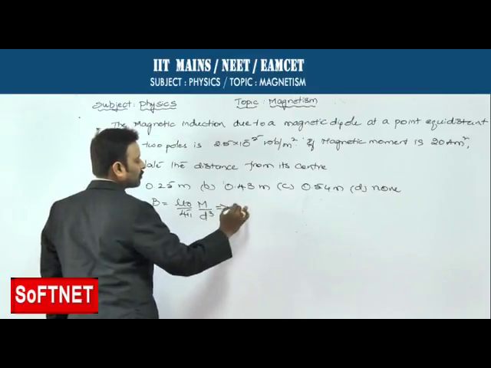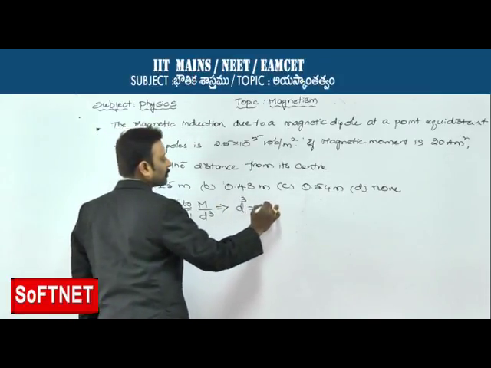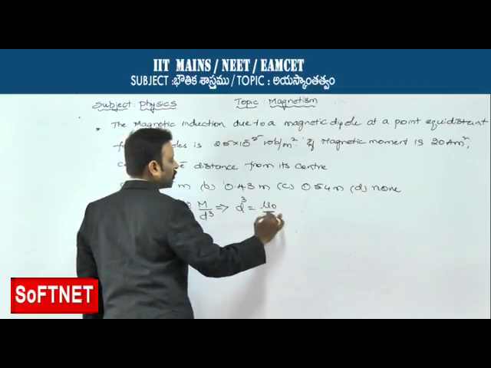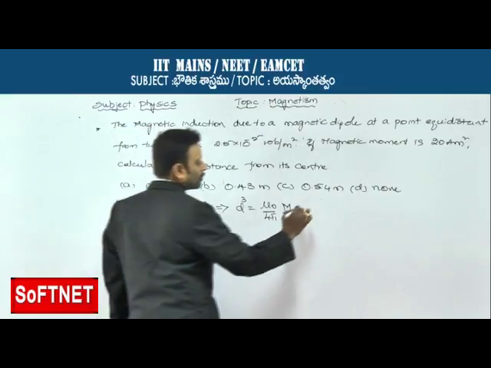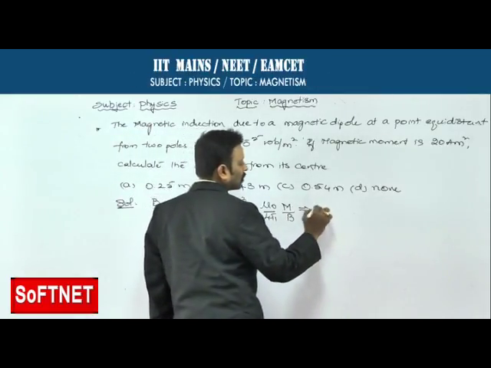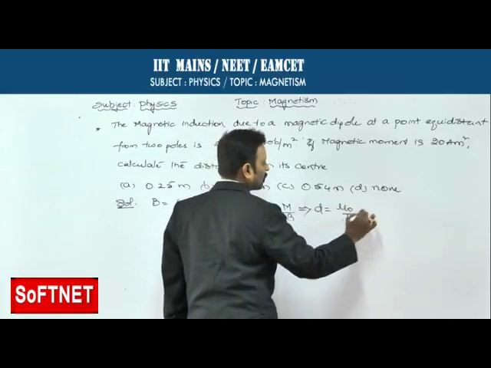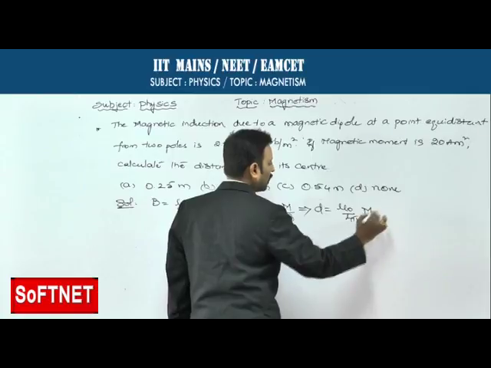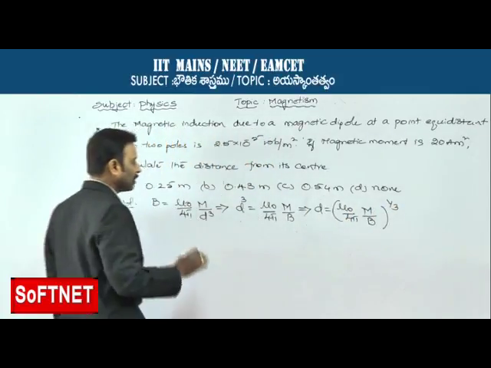So, from this I can write d cube is equal to mu naught by 4 pi, m by B. As we want the distance d, applying a cube root on both sides, we get d is equal to (mu naught by 4 pi, m by B) whole to the power 1 by 3.